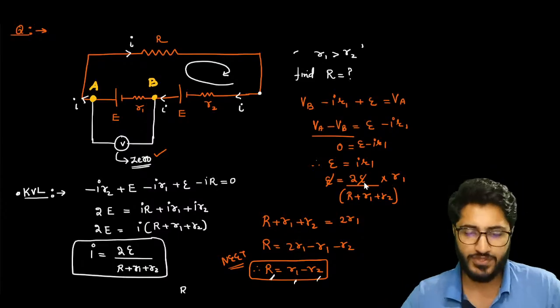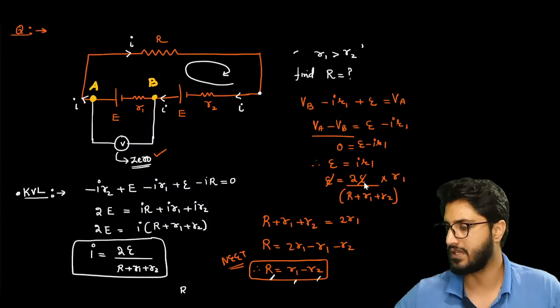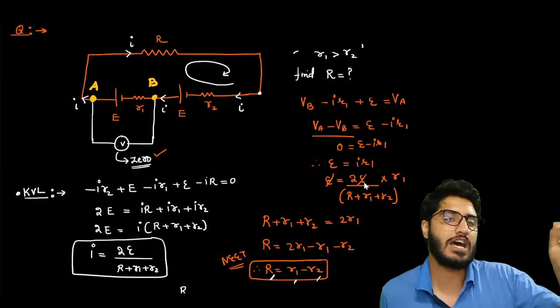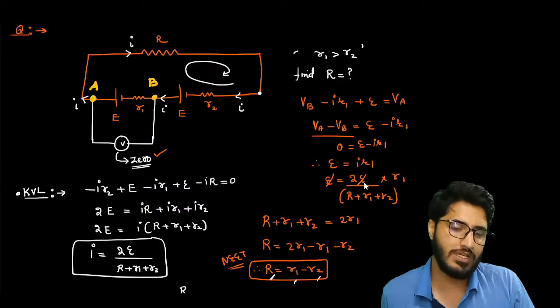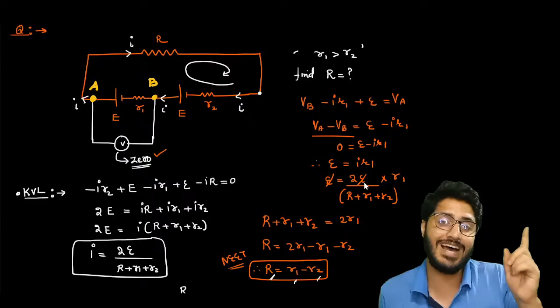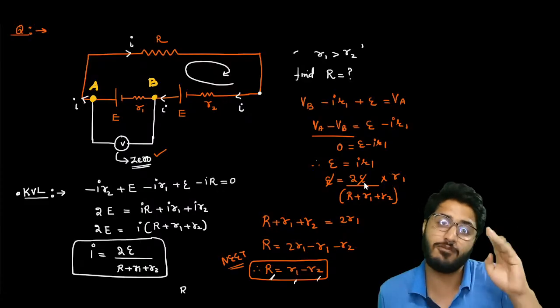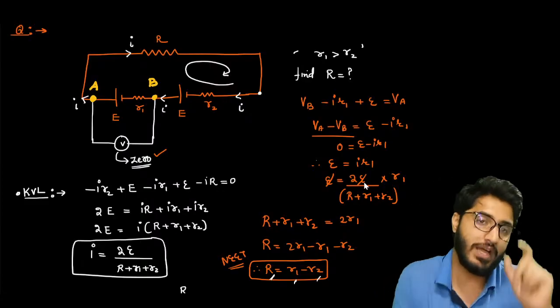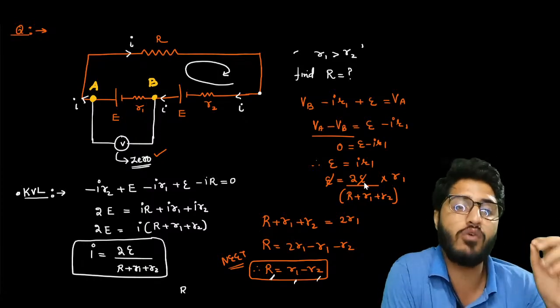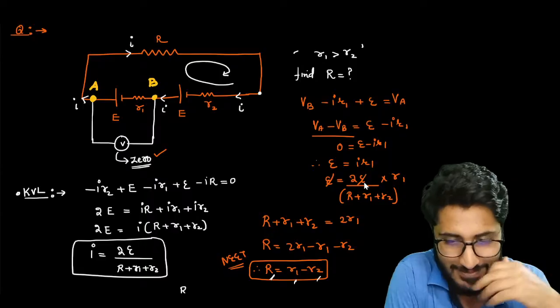Because the options which are given to me are very relevant to this. My options were r1 minus r2 by 2, second was r1 plus r2 by 2, third one is r1 minus r2, fourth one is r1 plus r2. So my question wording and the options are giving me a clue how you need to proceed in this numerical.